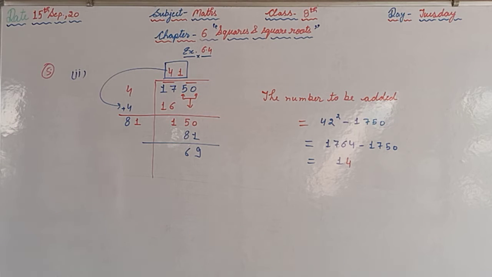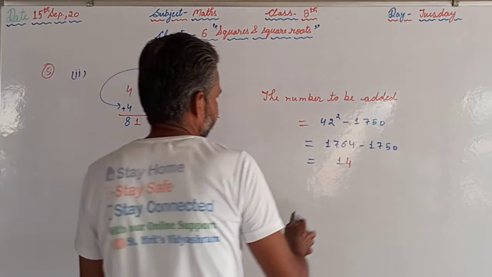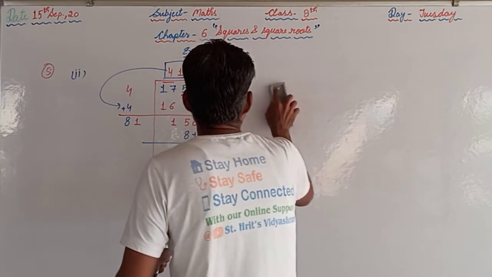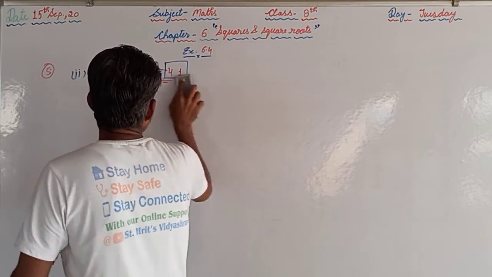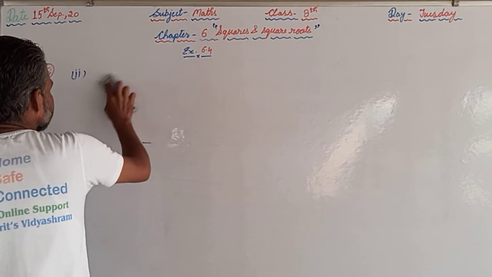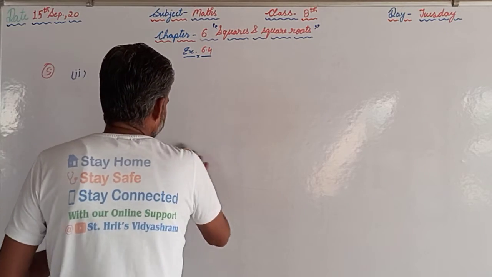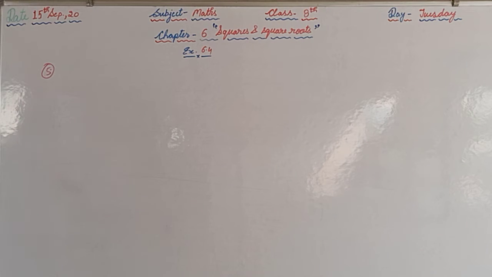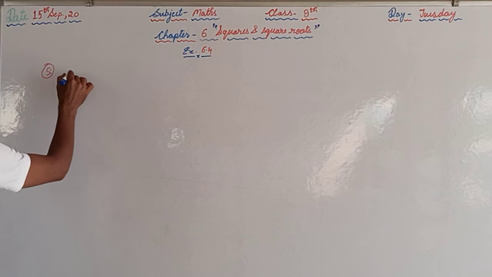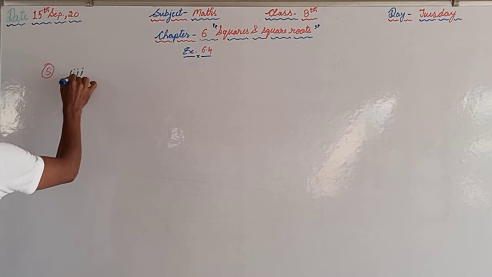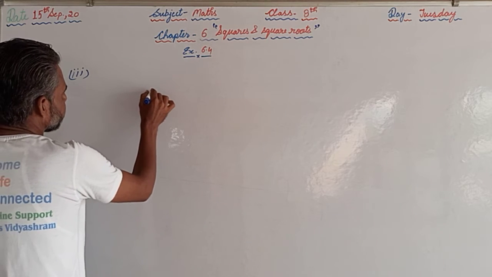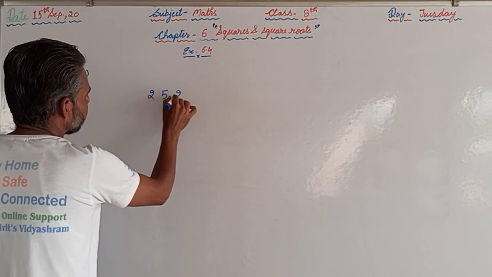After that, we can take one more part. That is part third, and the third part is 252.